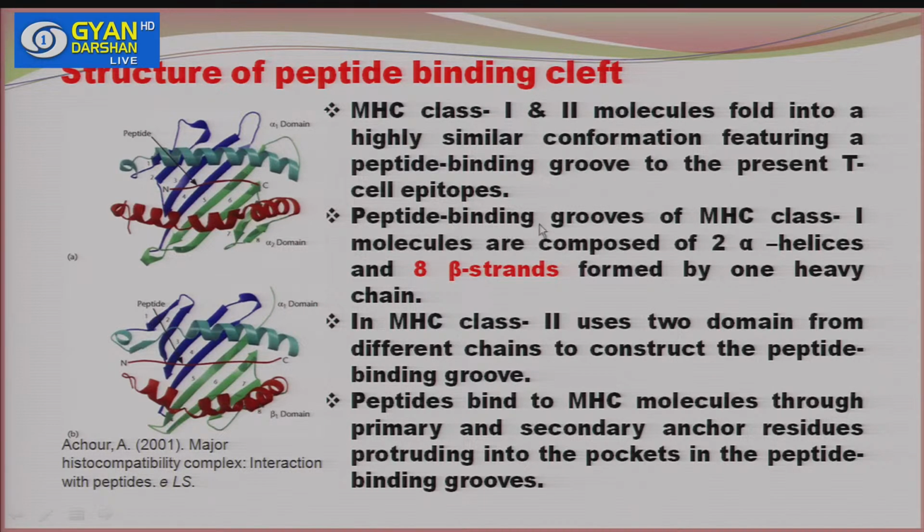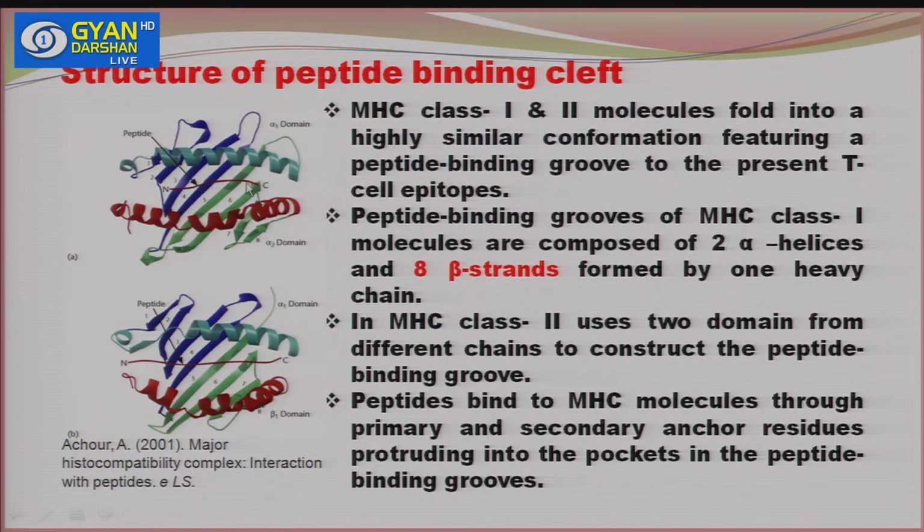The peptide binding groups of the MHC class first and class second molecules are composed of 2 helices. You can see here the 2 alpha helices, in green color and red color, the 2 alpha helices and 8 beta sheets.